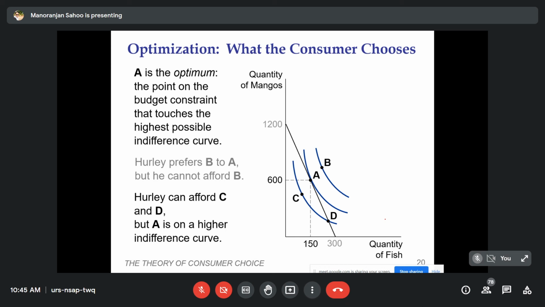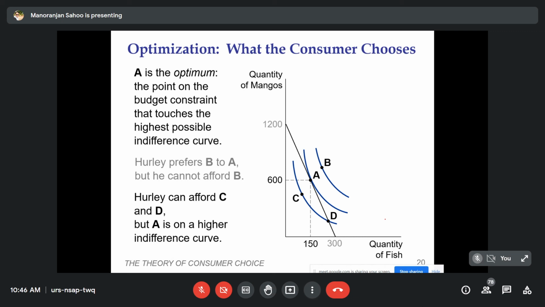But if we take point A, which is the tangency point between the budget line and the indifference curve, this is the common point which is upon the highest possible indifference curve and also affordable because this is upon the budget line also.